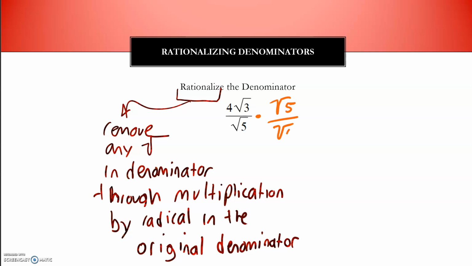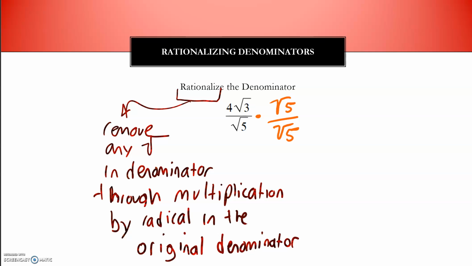And we have to do that to the top and the bottom, right? Because that way we're going to just change the look of it without changing the value, right? Technically, square root of 5 over square root of 5 is 1. Anything times 1 is itself. Okay? So I guarantee you, if you were to grab a calculator when we're done and type in 4 root 3 over root 5 and what we're about to get, you'll get the same number.